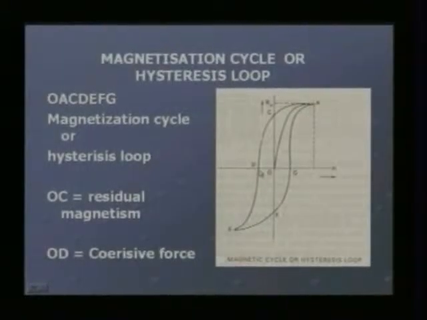This negative value of H required to cancel the residual magnetism is called coercive force. That means, here in this magnetization cycle, OD represents coercive force and OC represents residual magnetism.